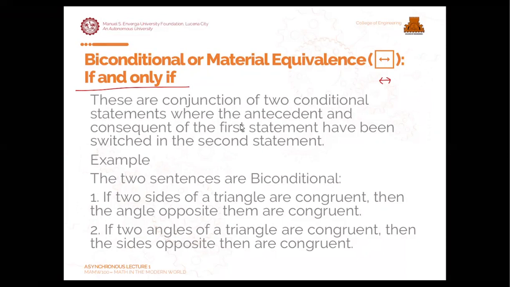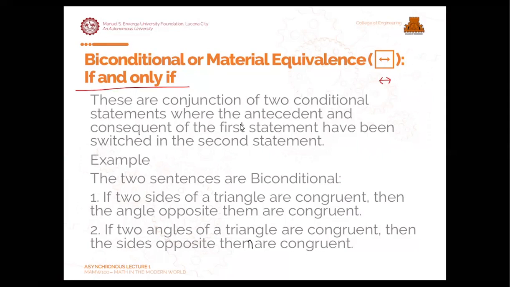So, yung example niya, if two sides of a triangle are congruent, then the angles opposite them are congruent. Yung second example, if two angles of a triangle are congruent, then the sides opposite them are congruent. Okay. So, ano nangyayari dito?